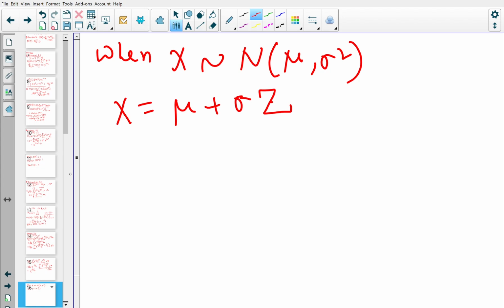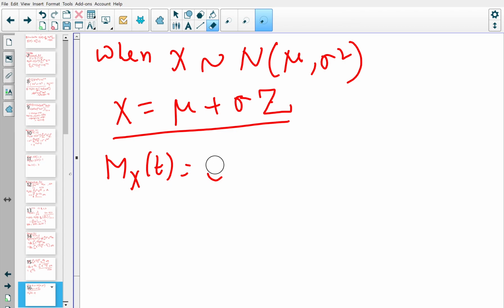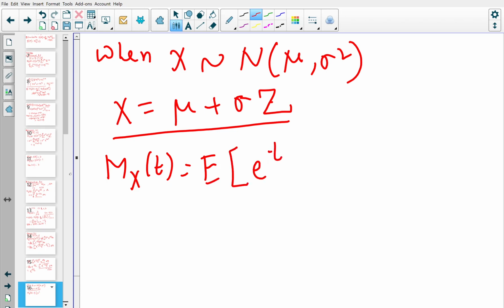We use our property on this formula. So M_X(t) is nothing but the expectation of e power tX, which we can write with X equal to mu plus sigma Z.